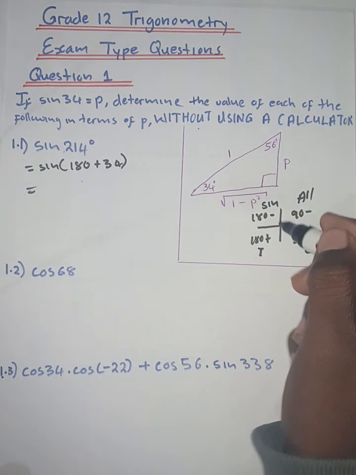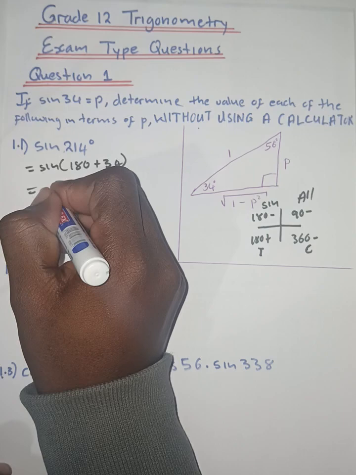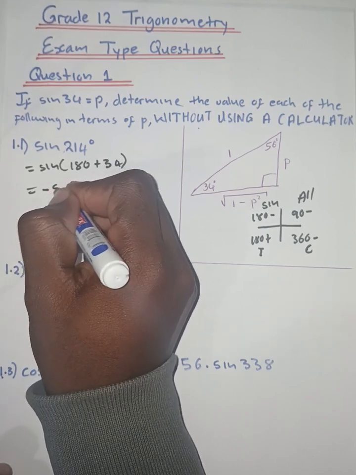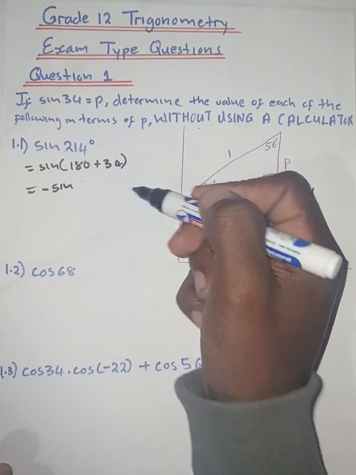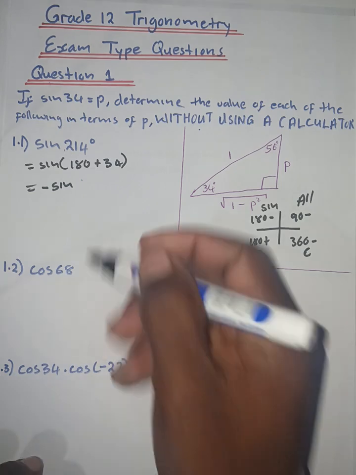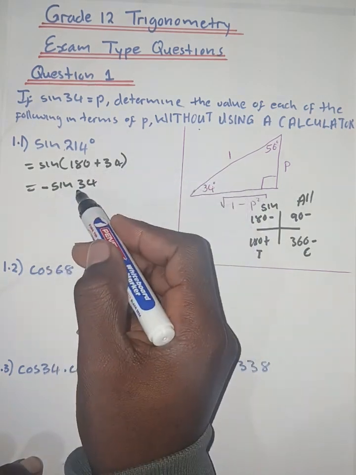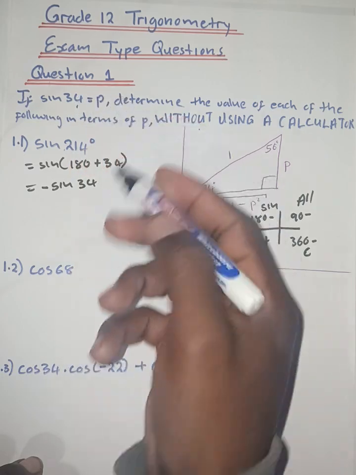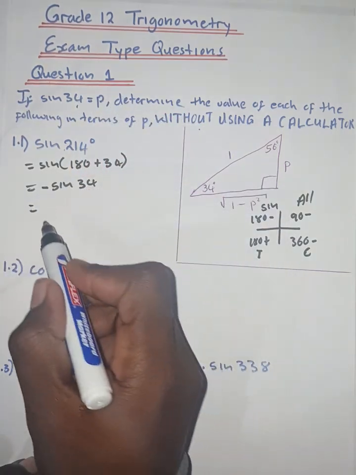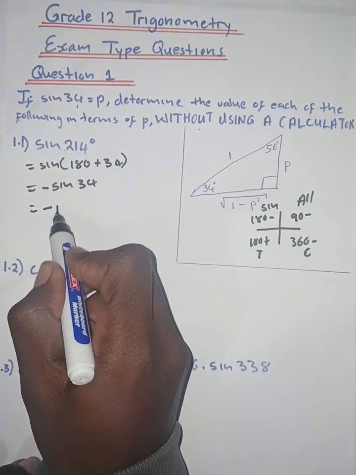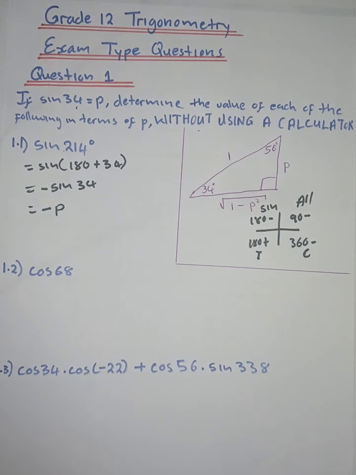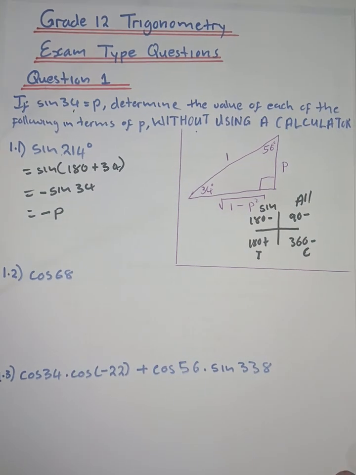So on the third quadrant, sine would be negative, so this would be negative sine of 34. And we have the value for sine of 34, which we know equals p. So this would actually be minus p. So that's the value that you are going to get there.